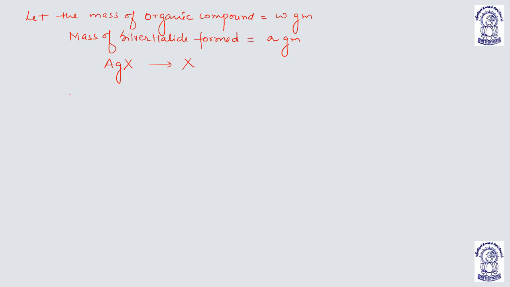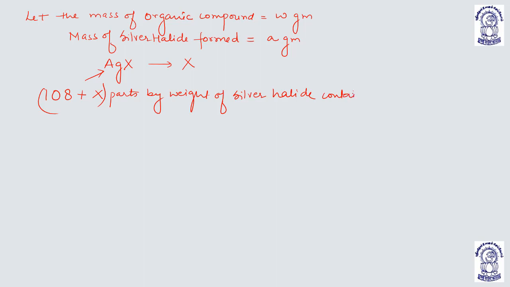The mass of silver halide we can calculate as the mass of silver, 108, plus x, where x is the atomic mass of the halogen. 108 plus x is the total mass of AgX. So 108 plus x parts by weight of silver halide contains x parts by weight of halogen.